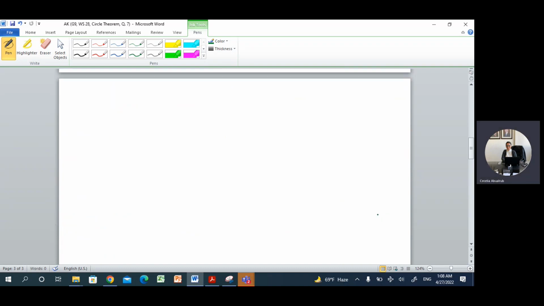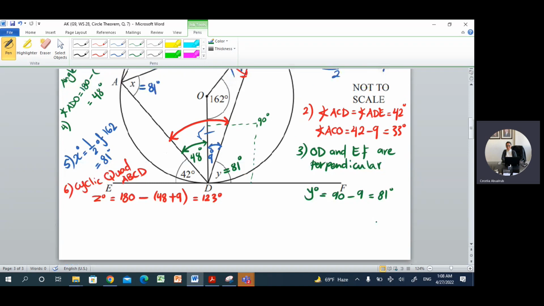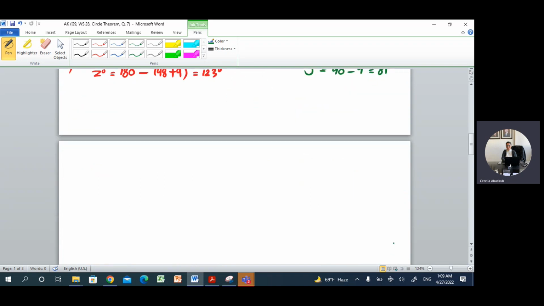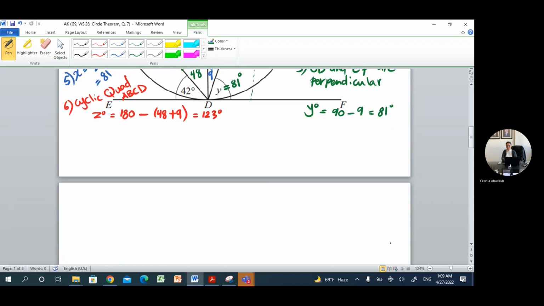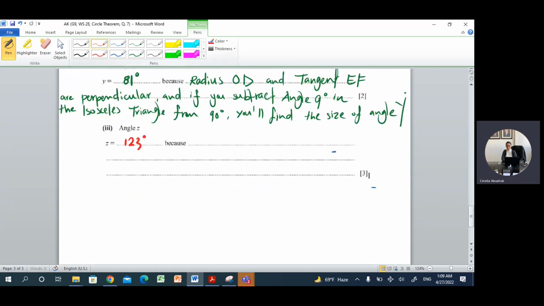Okay, and at last, angle Z, it's the opposite angle to 48 and 9. It's the opposite angle to the angle that is formed from 48 and 9 in cyclic quadrilateral ABCD. So Z is equal to 123.